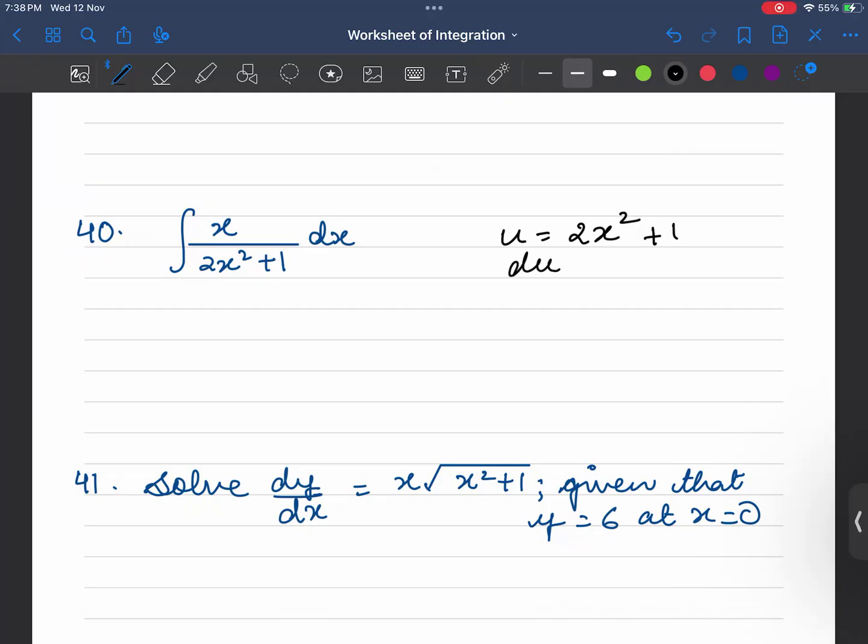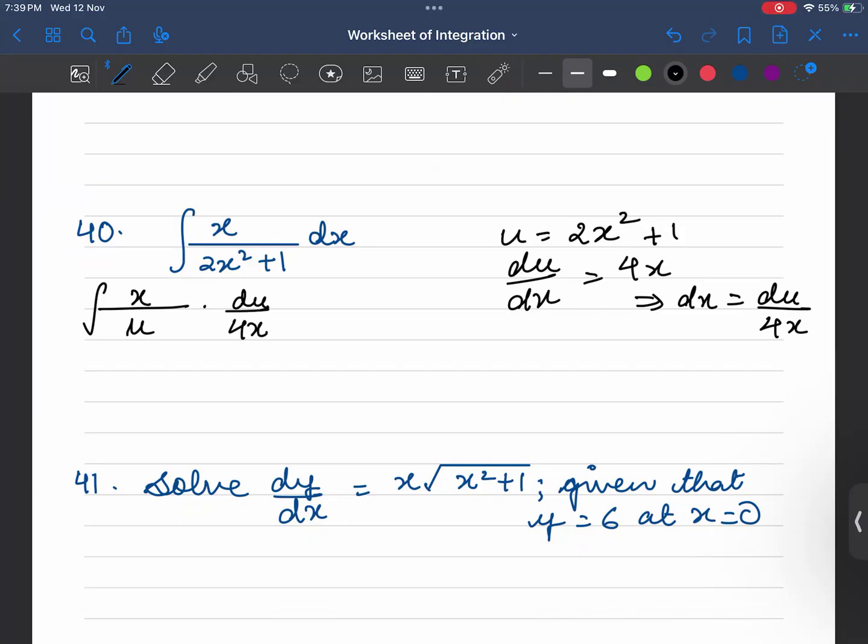It is du upon dx, which will be 4x. I can write dx equals du upon 4x. Now by substituting, in place of 2x square plus 1, I will write u, and in place of dx, I will write du upon 4x. I can see x can be cut by x.